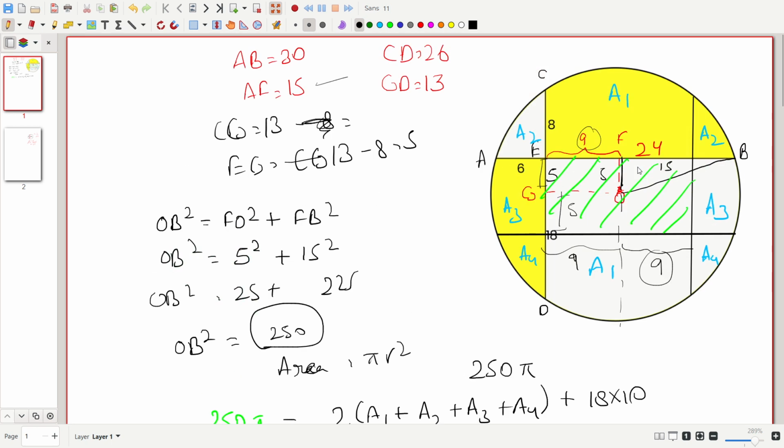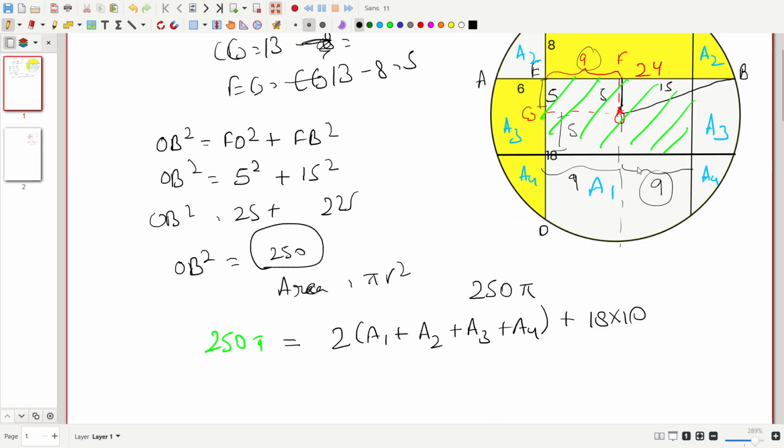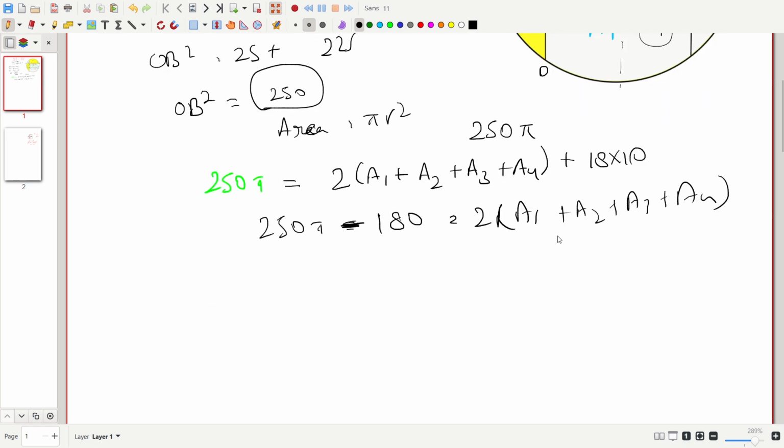Now let's try to solve it. So if I solve it, 250 pi equals, let's say, minus 180, and this is 2 times A1 plus A2 plus A3 plus A4.